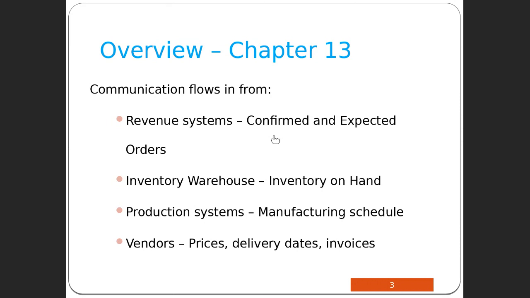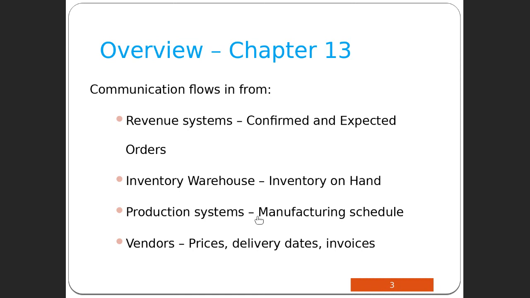The expenditure cycle also needs to know how much inventory is already available. The inventory warehouse is where the inventory is kept, and they have the information on how much inventory is available. So based on that, the expenditure cycle orders inventory, and this information of inventory on hand comes from the inventory warehouse.